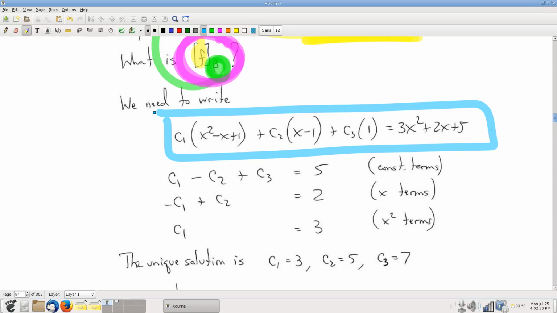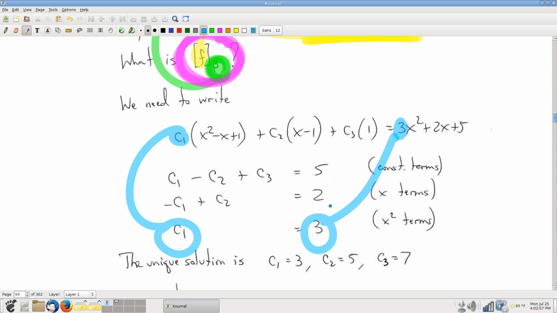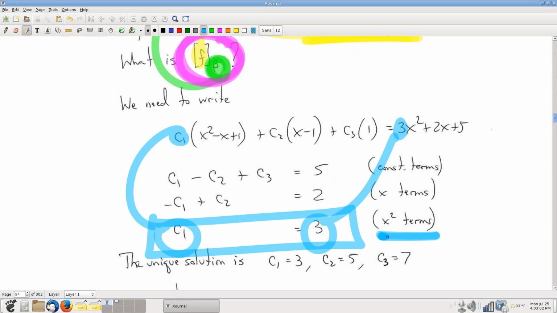And the only way to make this true for all values of x is if the like coefficients are equal to each other. So let's think about like coefficients. Where are the x squared terms? Well, on the right, there are 3x squared. That means that on the left, it better be 3x squareds. So this equation here comes from equating coefficients of the x squared terms.